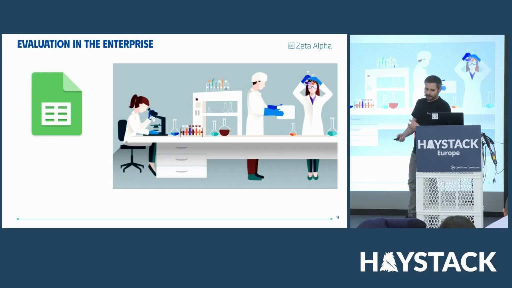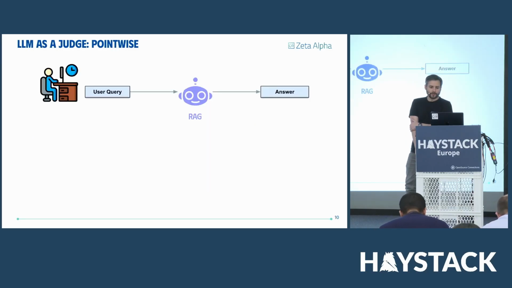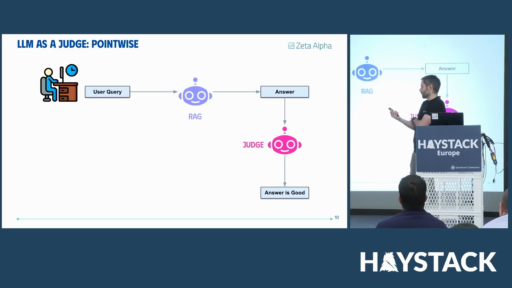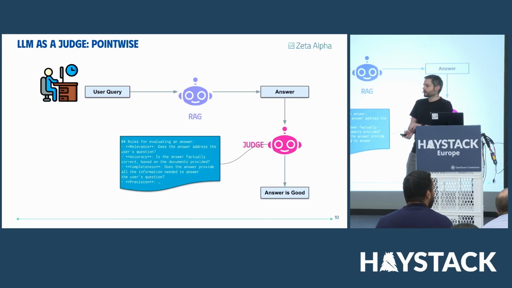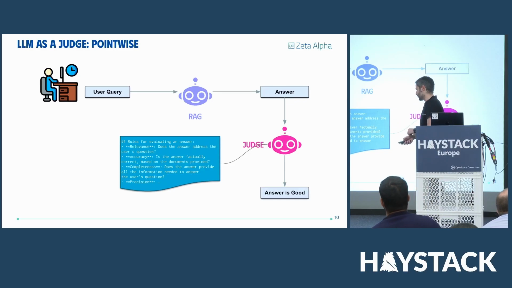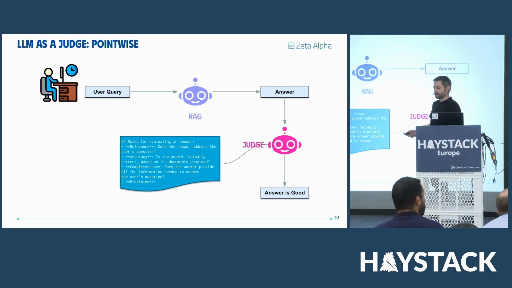So what can we do about it? Naturally, you can say, well, we're using LLMs. LLMs are very powerful, and they can reason. So what we can do is, for example, feed the answer to an LLM, which we call a judge, and just prompt it to evaluate the quality of this answer based on the criteria that the experts have decided.